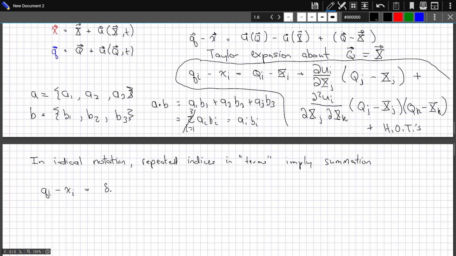I'm going to say delta ij times qj minus Xj, plus partial Ui partial Xj times Qj minus Xj, plus HOTs.